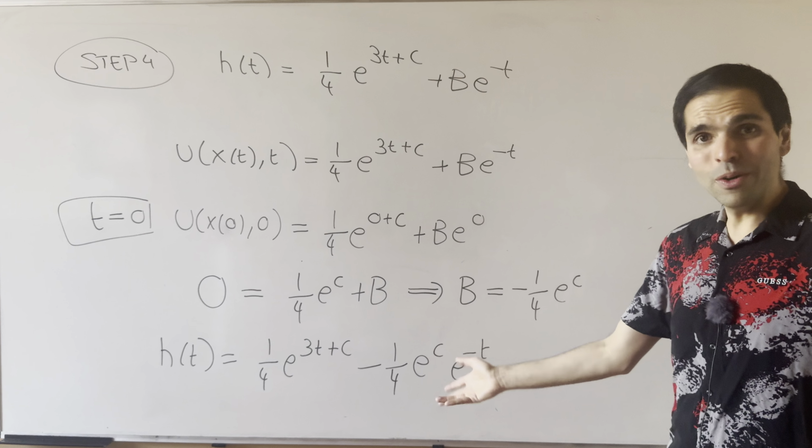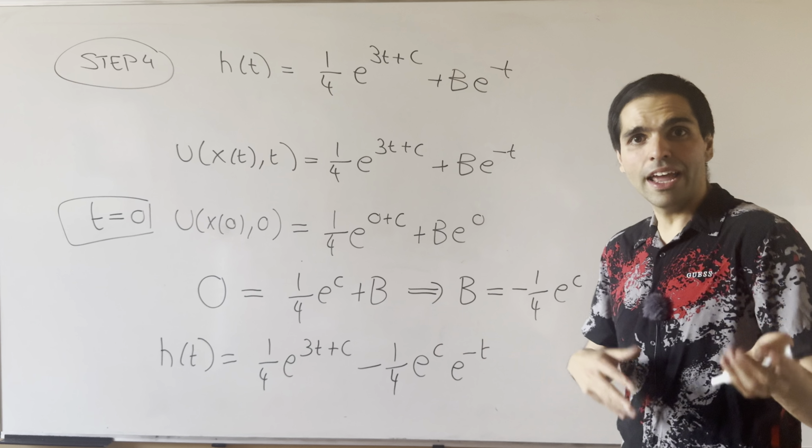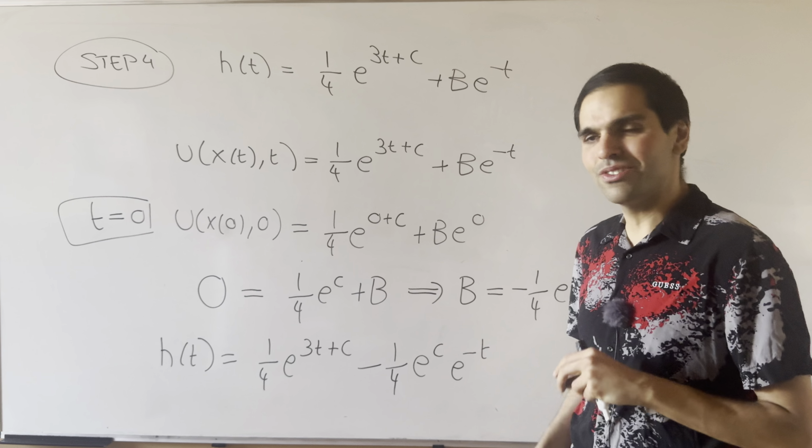And then we're almost done, because remember, h is sort of u, but we need to tweak things a bit. So now, this is h. I just rewrote it just slightly. And now remember, what is h? It's the value of u on the curve. So u of x(t), comma t is 1/4 e to the 3t plus c minus 1/4 e to the c minus t.